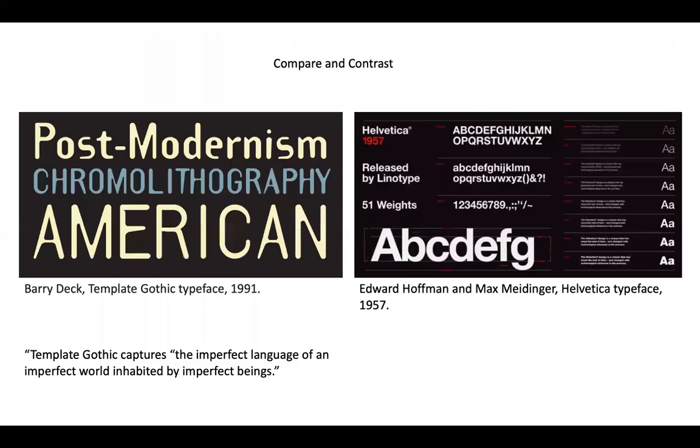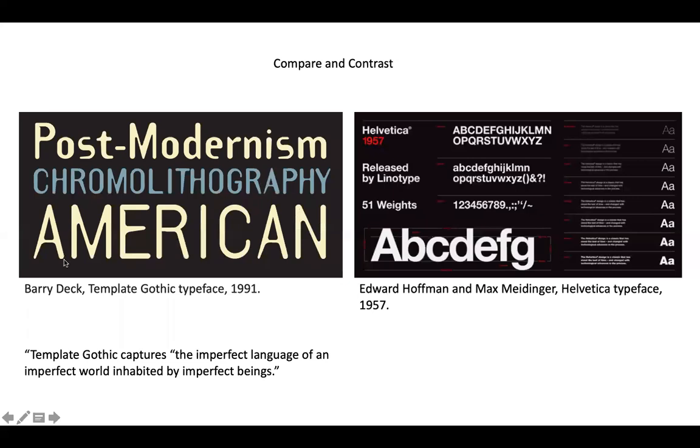All right, for the sake of contrast, of course, here you have Helvetica, again strong, assertive, not a lot of space between the letters, right? Negative space is compressed in there.